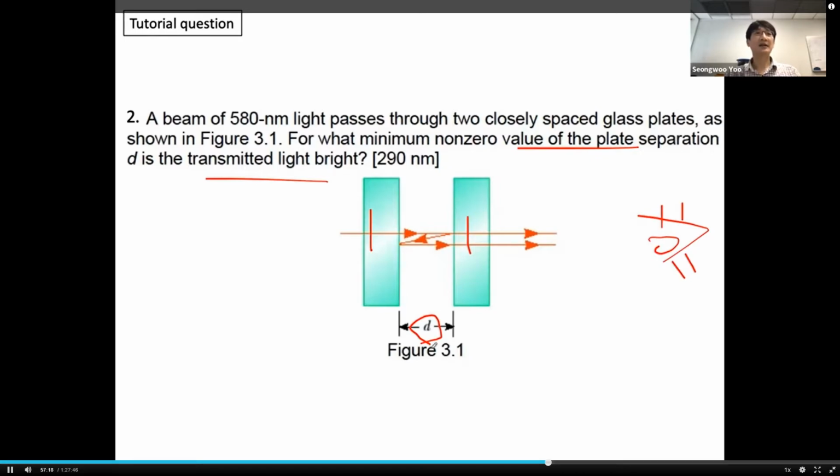This small d, which is the gap between those two glass plates, will determine the optical path length difference of those two emerging waves. So our optical path length difference is going to be 2 times d times the refractive index, which is going to be 1 because this is air, all right?